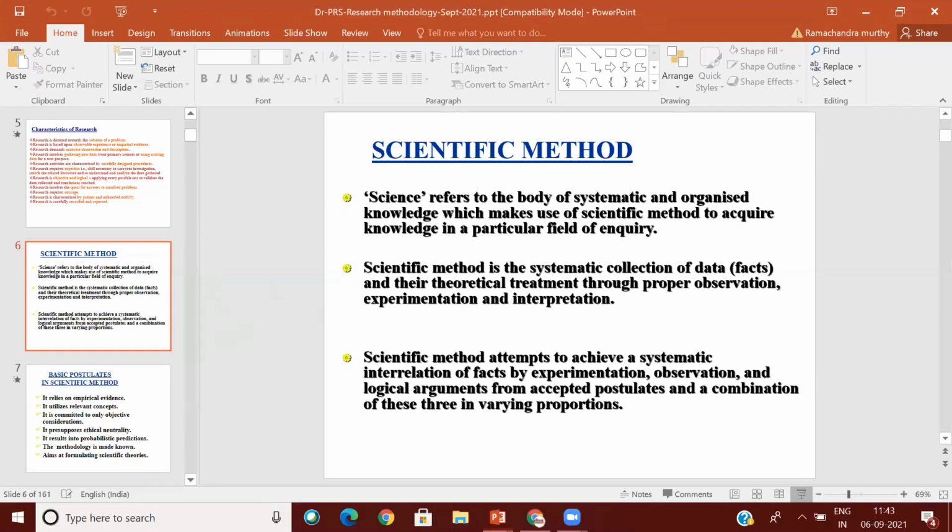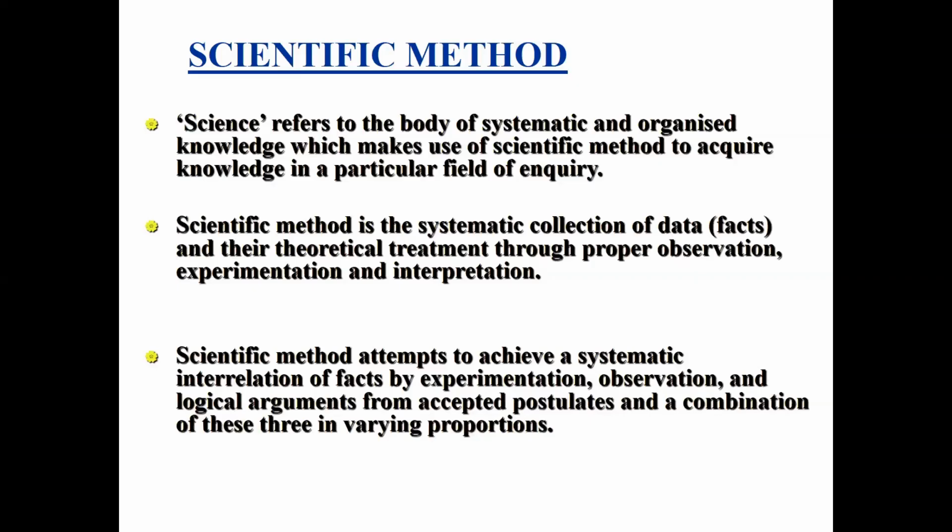The scientific method attempts to achieve a systematic interrelation of facts by experimentation, observation, and logical arguments from accepted combinations of various things. Everything should be in correct proportions. There should not be more experiment than observations, and less interpretation means the report may not look fine. We can't give approval for that.